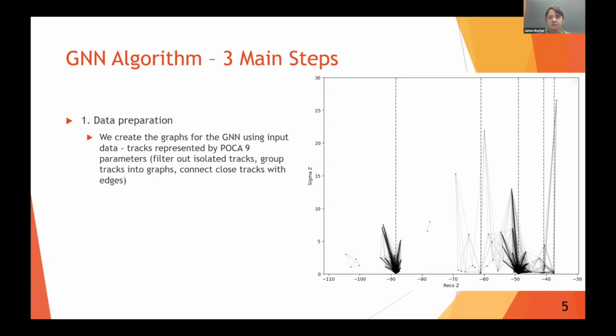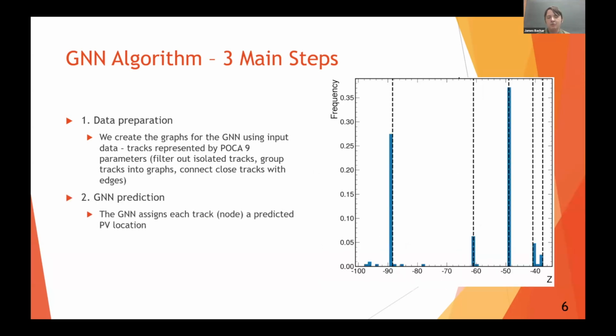Our next step is using the graph neural network to predict the PV position for the graphs. The neural network predicts a node-based position. Each track is assigned a position of a primary vertex where it likely came from, and this plot usually looks like the histogram on the right. Since this is per-track data, we need to produce a final list of PV positions per graph.